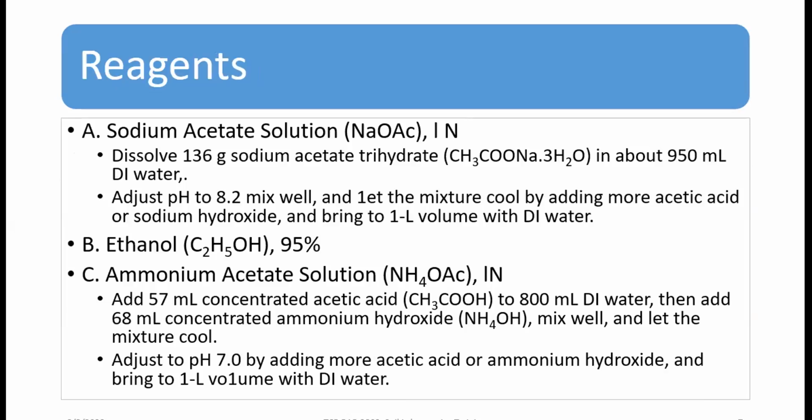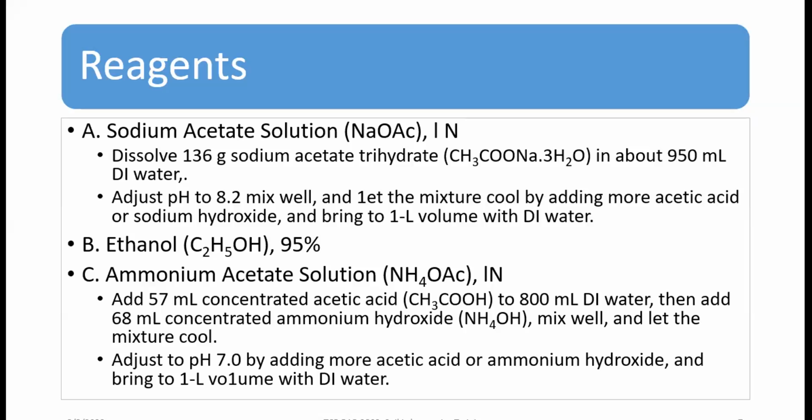The reagents, as we mentioned, the process actually needs basically two: sodium acetate solution with normality 1N, and ammonium acetate solution, also normality 1.